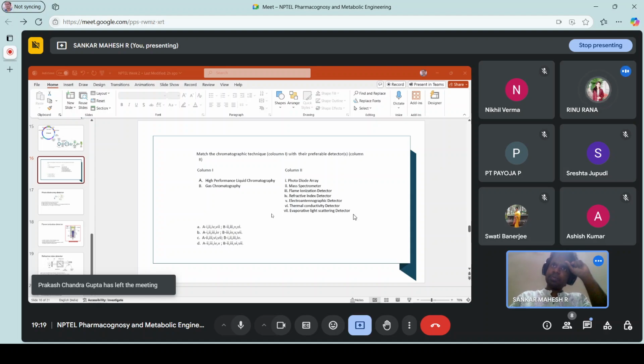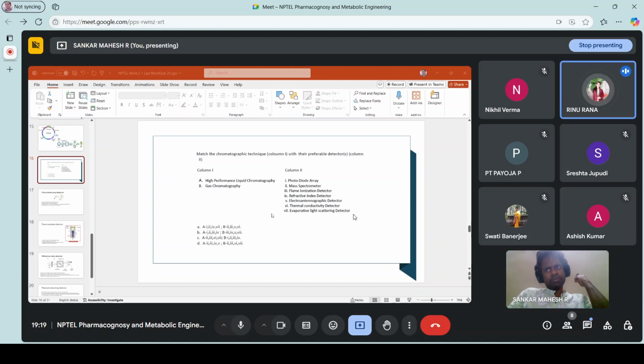Because gas chromatography is used for the volatile components. Huh. And how does a flame ionization detector work? I don't know the working of this detector, but I think it detects the volatile compounds. Hmm.